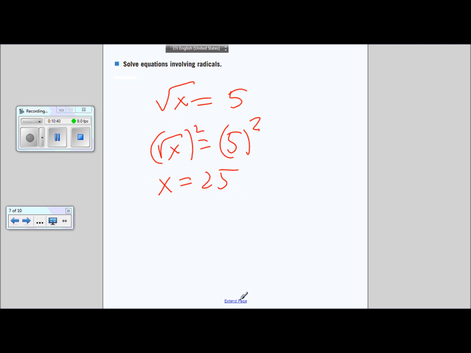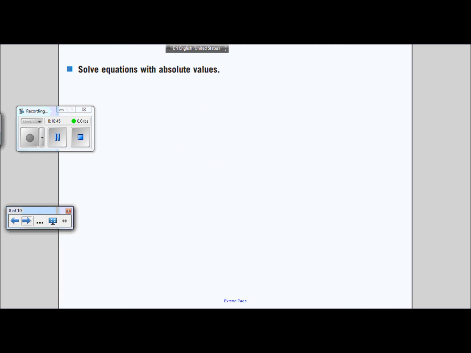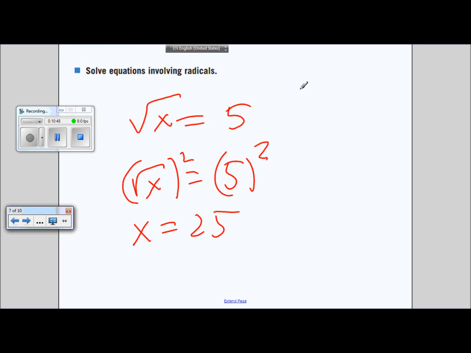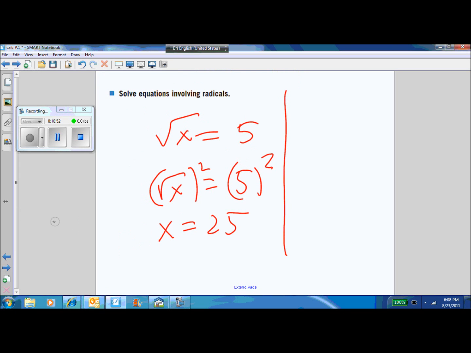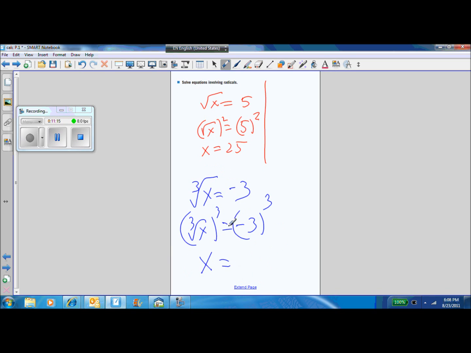If you've got something like a cube root, cube root of x equals negative 3, you could cube both sides. So x equals negative 27. Okay? And that's how we deal with radicals.